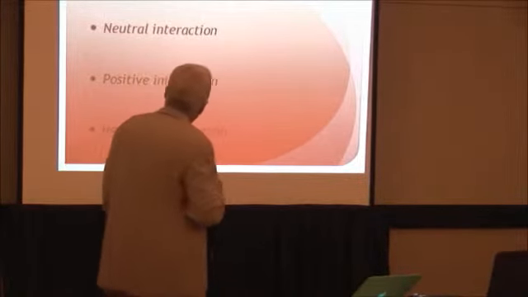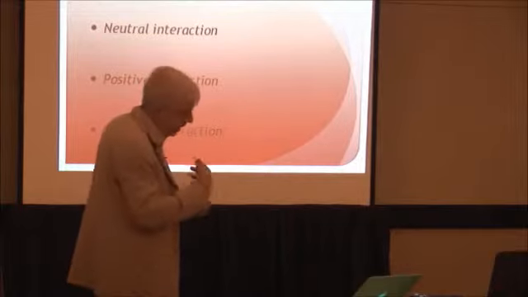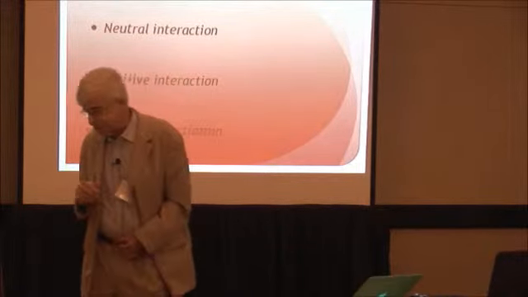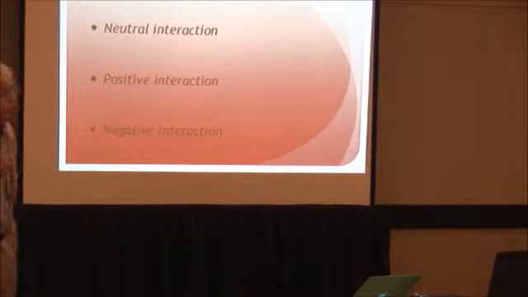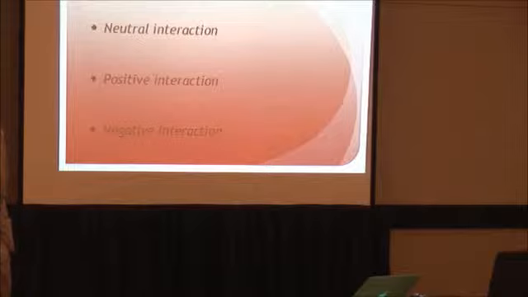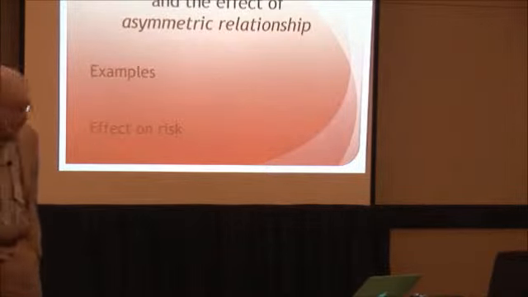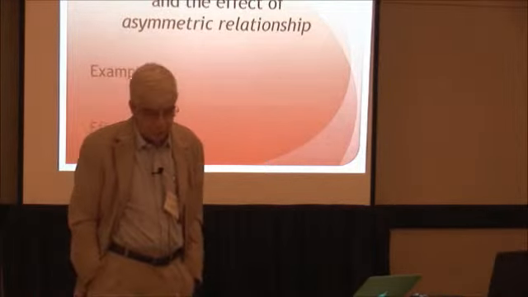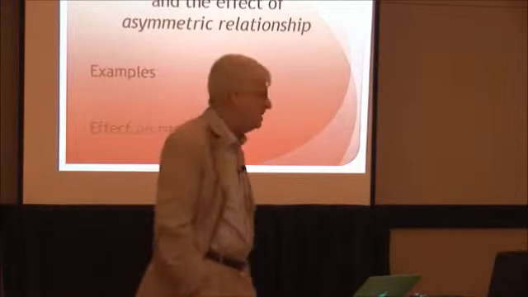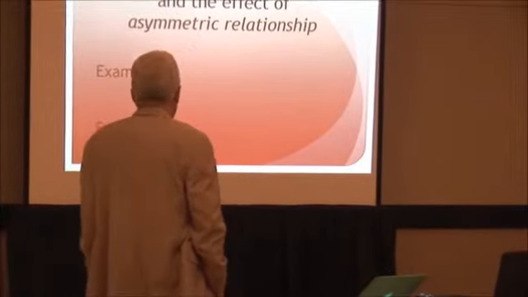Okay, so this is how the direct interaction between carriers and suppliers, between two elements of the supply chain, will affect the individual risk. But there is one more element that I would like to consider and share with you, and that is called the asymmetric relationship.